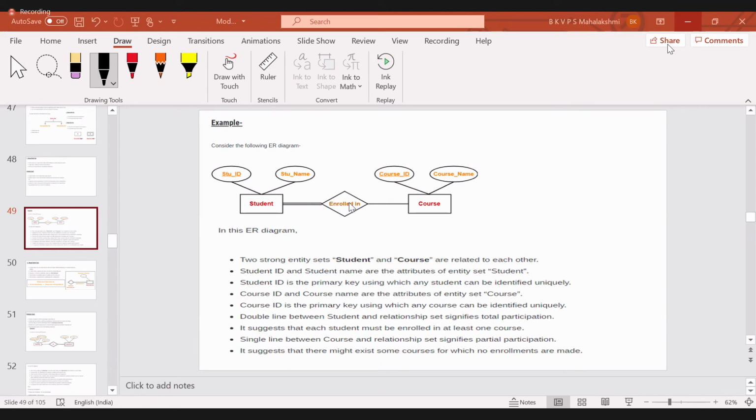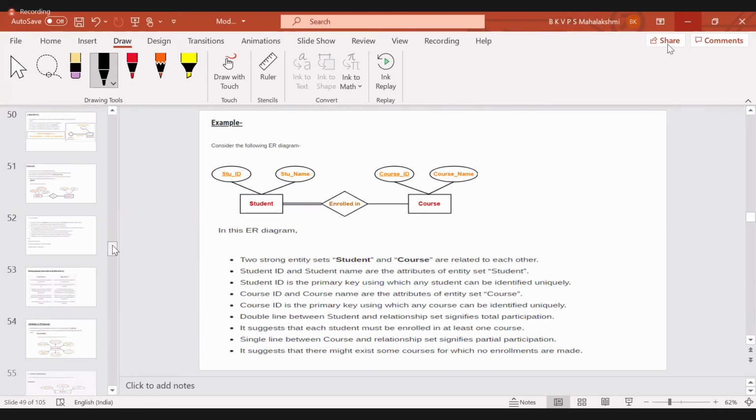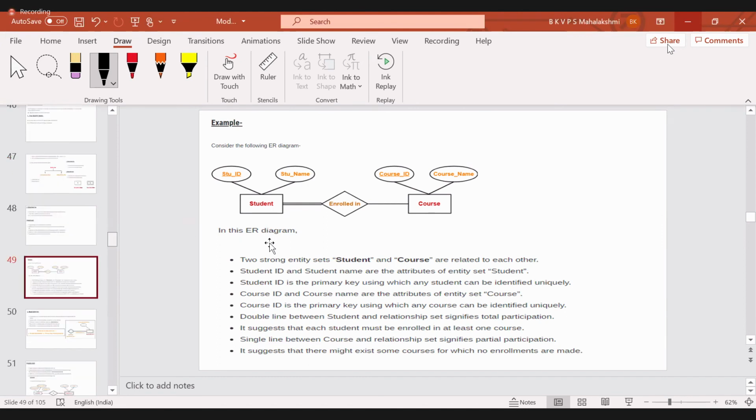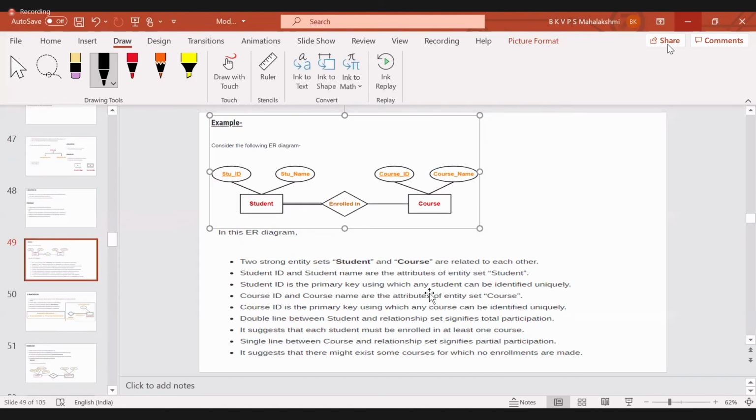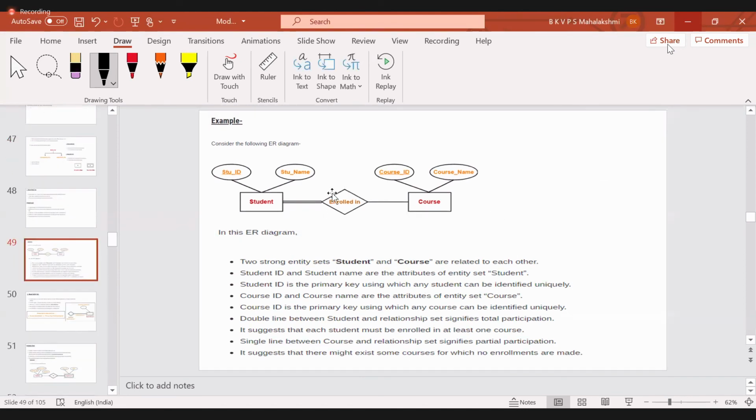Let us go with the differences. See here, enrolled in is a relationship. Why did we keep the name of the relationship between these two as enrolled in? Because it gives us the meaning: the student is enrolling in the course.